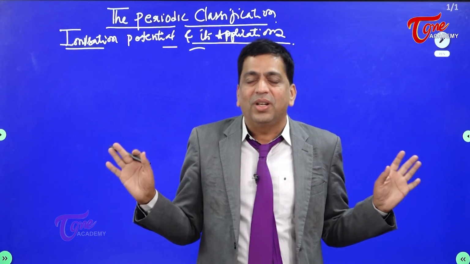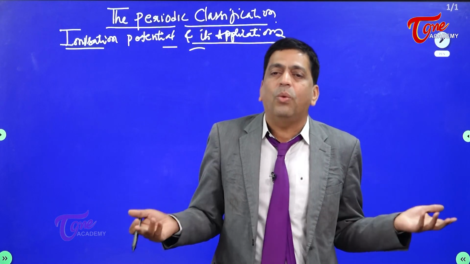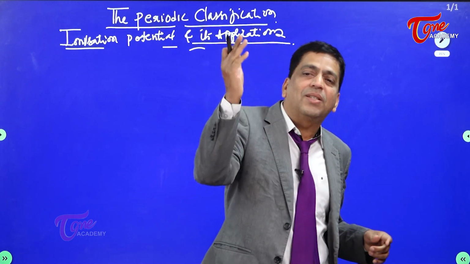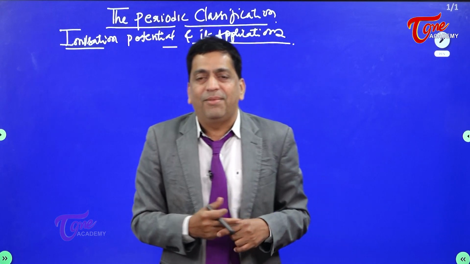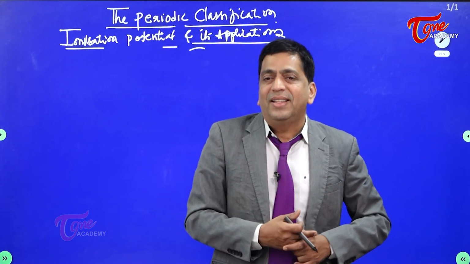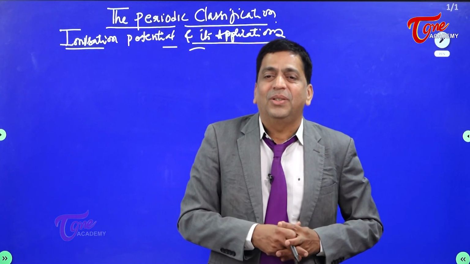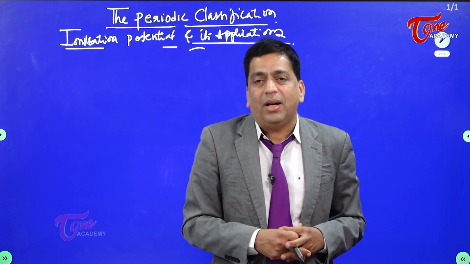At least if you don't know the details of anything, you should say that the sizes are varying, hence the properties are varying and differentiable. And if you are unable to distinguish any properties of a particular element, they look similar, then the obvious thing is that the sizes are the same. You can simply say that.